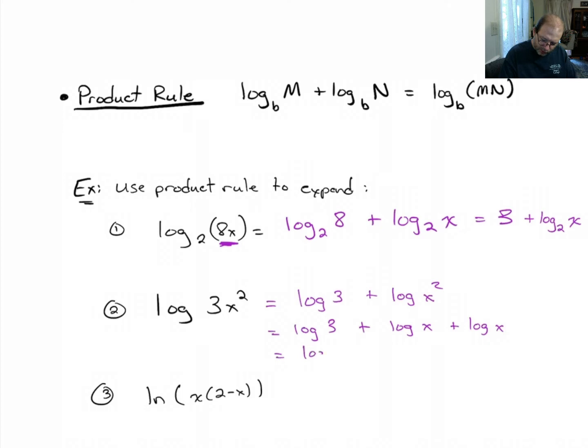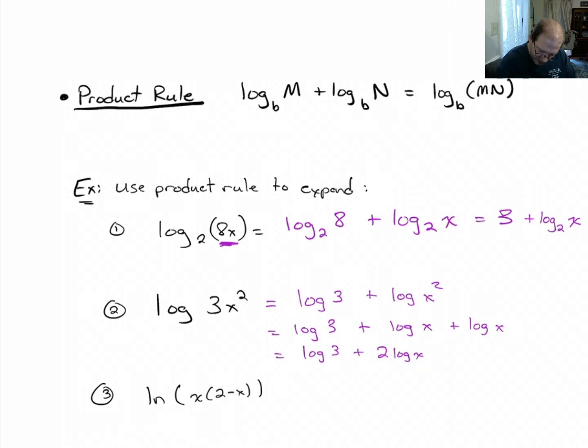And if you want to do something further, you've got 2 log of x's, so you can put them together here and get 2 log x. Really, the main thing here is splitting it into this. You might notice that this 2 came down front eventually, and we'll see later that's the power rule. That's two more rules later.